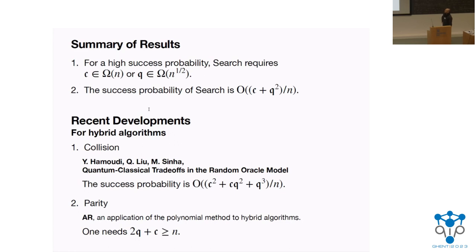But I think it doesn't necessarily, because, for example, if I give you one quantum query and one classical query, such a lower bound would still not rule out success probability 1 over square root of N. Oh, I see.